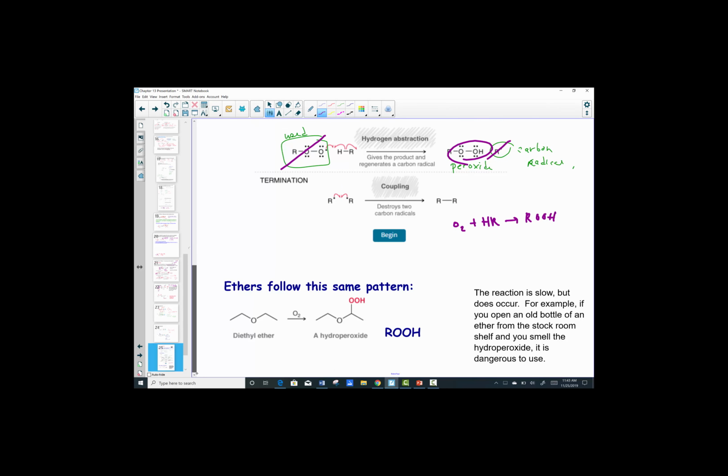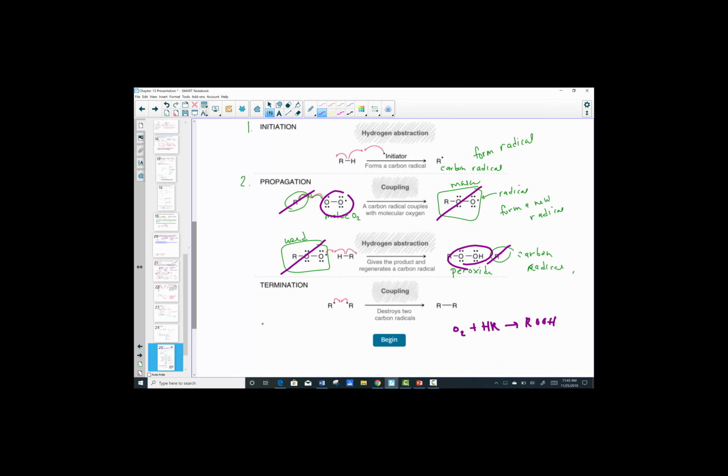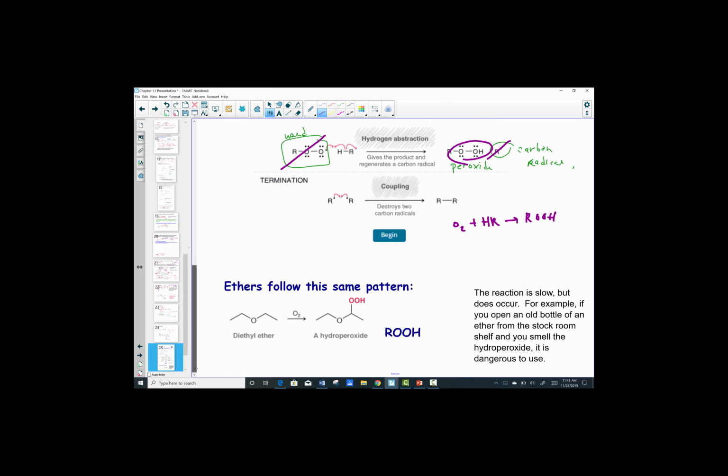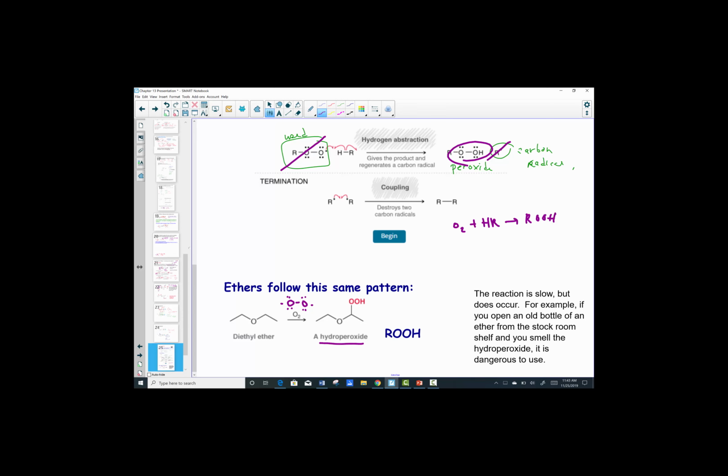Ethers follow this same pattern. Here I have a diethyl ether in the presence of oxygen, and I want you to think of this oxygen as a radical that has 2 sides of lone electrons. And at the end, you've terminated to create a hydroperoxide.